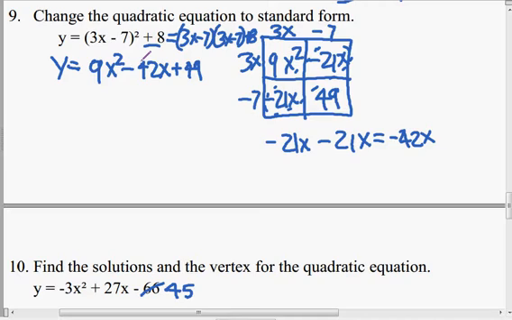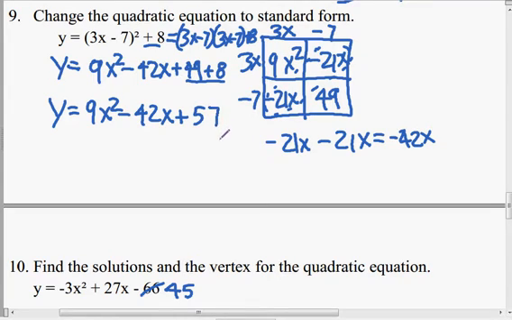But the original problem had an additional 8 out there, so I do plus 8. In my final standard form, I cannot have any like terms. Numbers are like terms because they have no x's, so I have to add the 49 and the 8. 9x squared minus 42x plus 57.